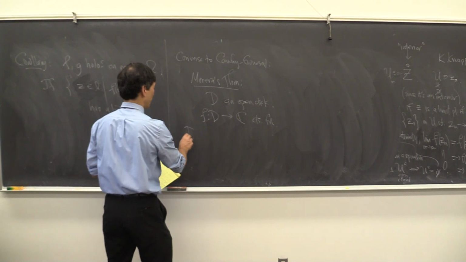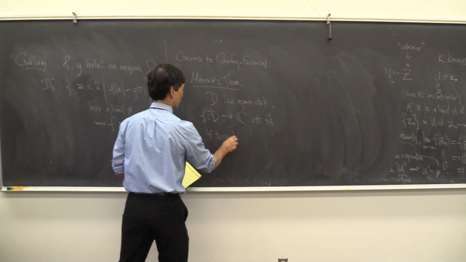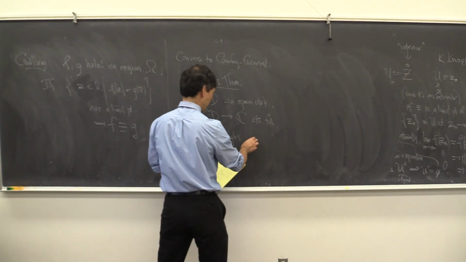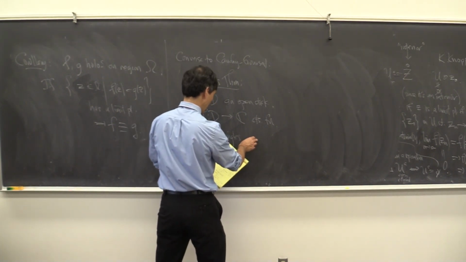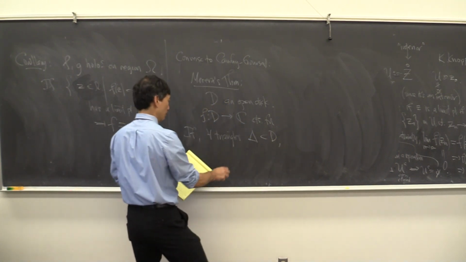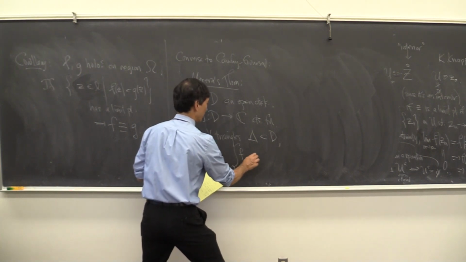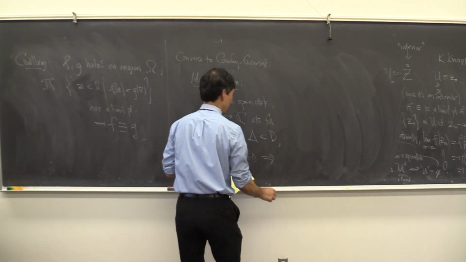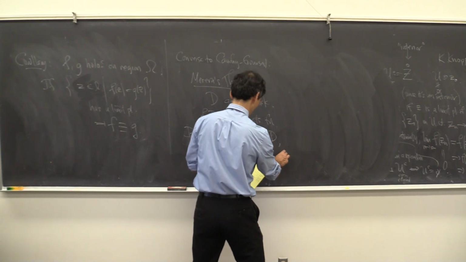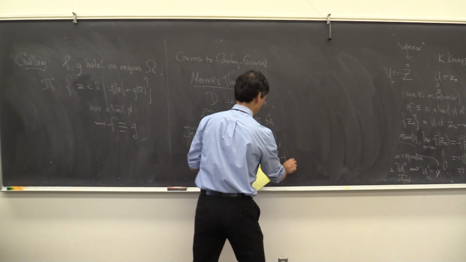So it says that if for all triangles contained in D, the integral over the boundary is 0, then f is holomorphic.